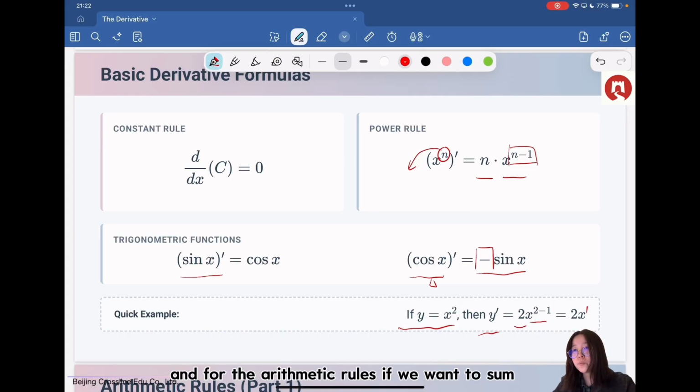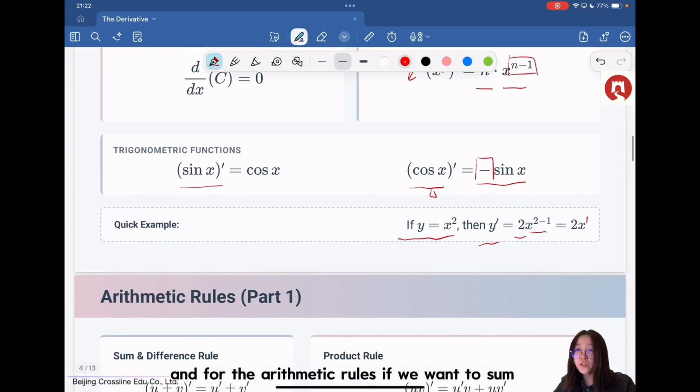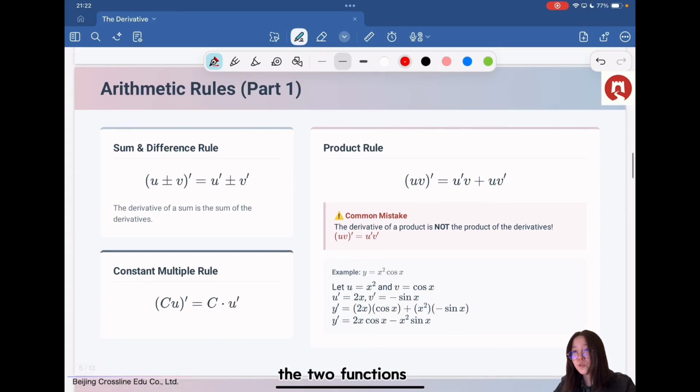And for the arithmetic rules, if we want to sum two functions, then the derivative of the sum of these two functions becomes the individual derivatives, and we just sum them up. Okay, so if we have u plus v, this function's derivative becomes u prime plus v prime.